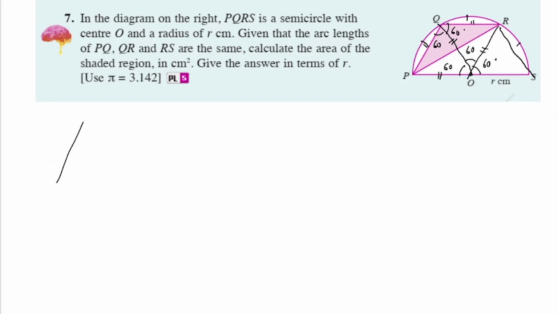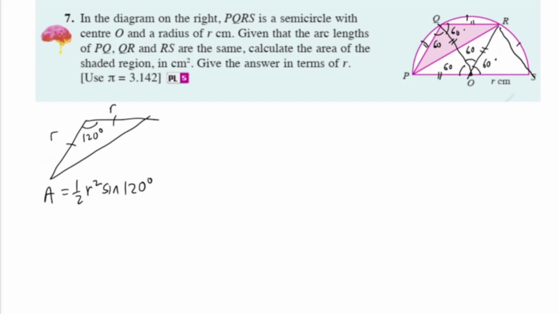Let me draw. Oops, doesn't look very nice. Like this. The radii are the same, r and r, and we know this is 120. So your area is just half r squared sine 120. You're supposed to leave your answer in terms of r.